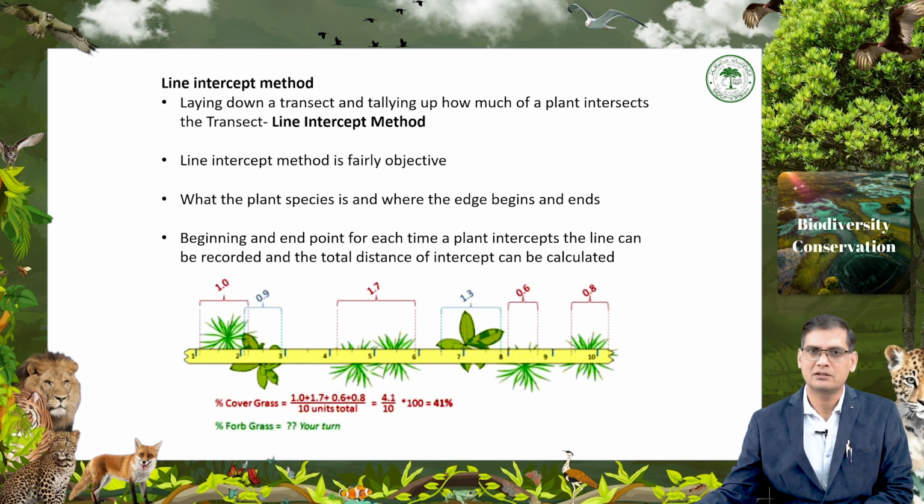In the method, along a line, when a plant touches the line, the surveyor records what the plant species is and where the edge begins and ends. Beginning and end point for each time a plant intercepts the line can be recorded and the total distance of intercept can be calculated.